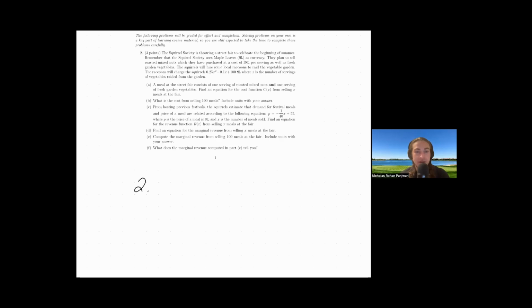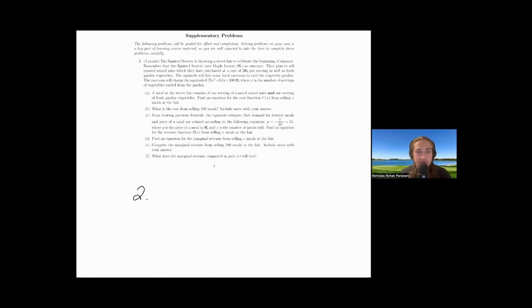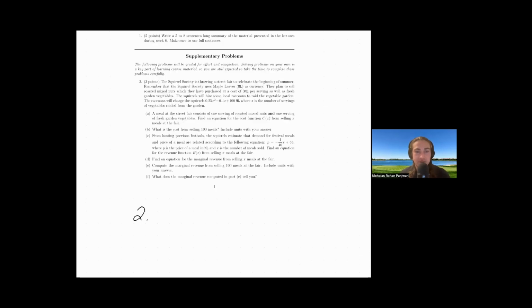Okay. We need to first just orient ourselves here. The Squirrel Society is hosting the event. They will sell the mixed nuts, but they have purchased the mixed nuts at 3 maple leaves.